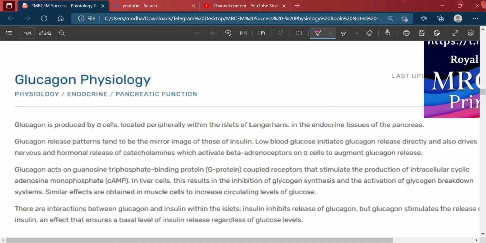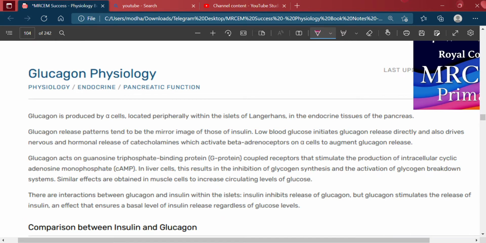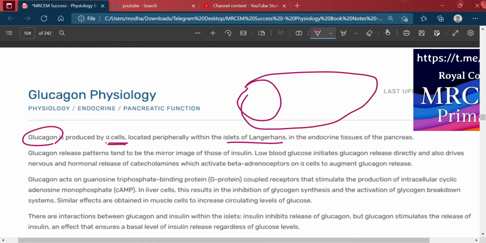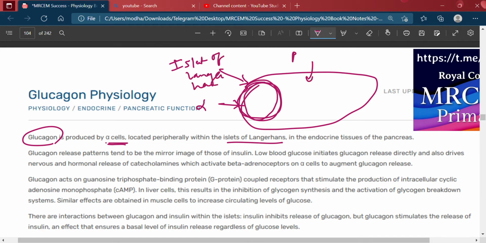Okay, so we will discuss the glucagon physiology. As we have seen earlier, glucagon is produced by the alpha cells located peripherally within the islets of Langerhans. This whole structure is the islet of Langerhans, and this is the pancreas.